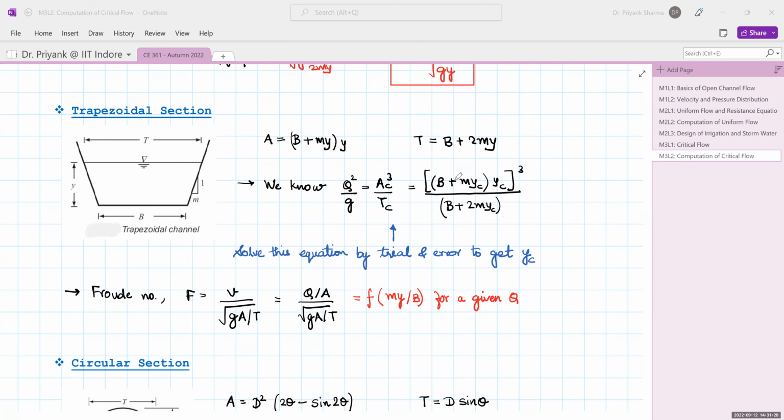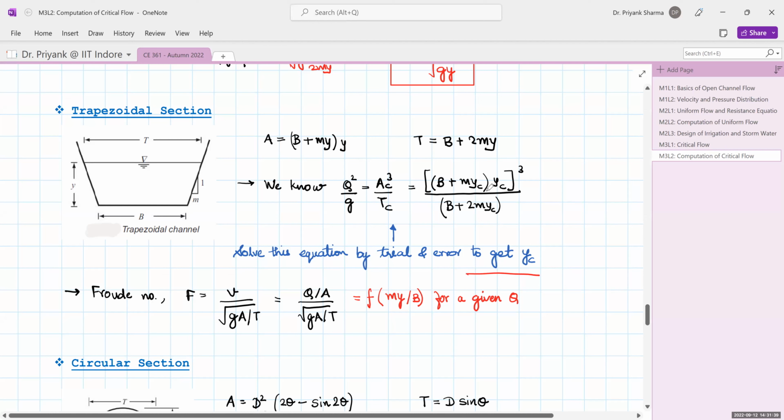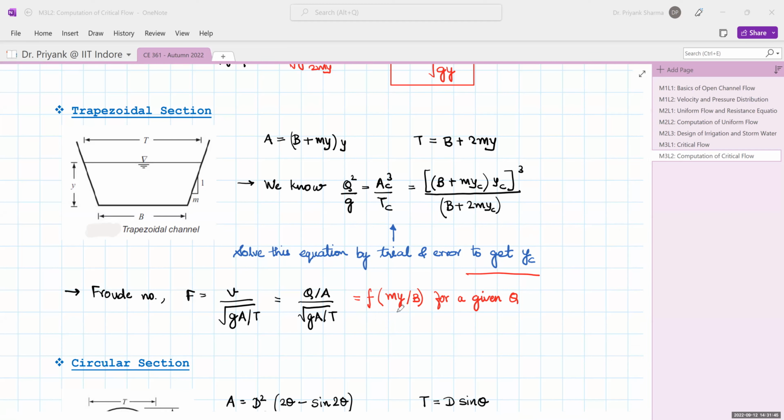So here you can see that it is a mixture of three components, b, m and yc. So that means you have to adopt a trial and error approach to solve this equation, and then you will get the critical depth. Okay, similarly for Froude number also, it is a function of m, y and b for a given discharge, and again if you want to solve it, you have to go for this trial and error approach.